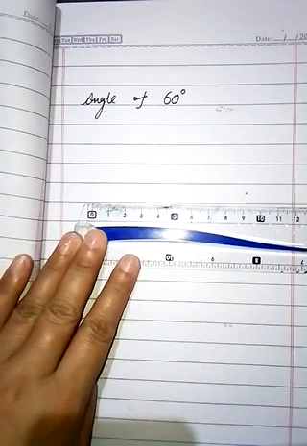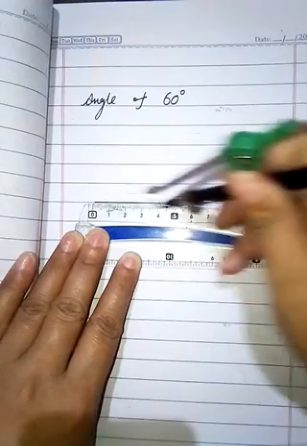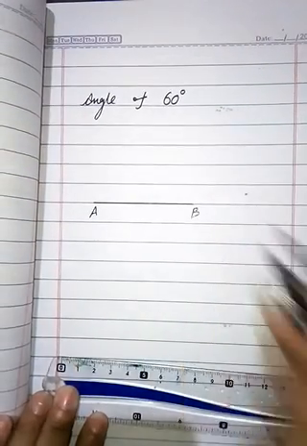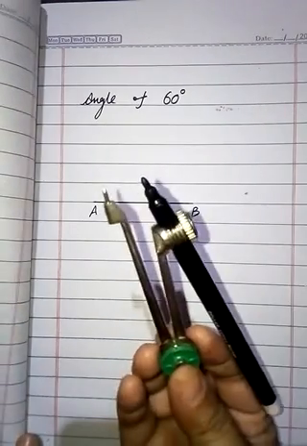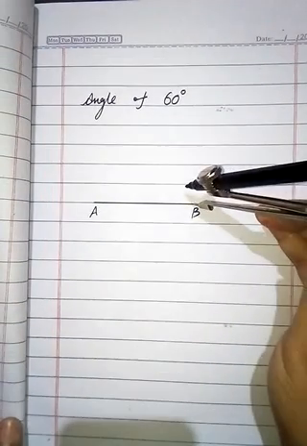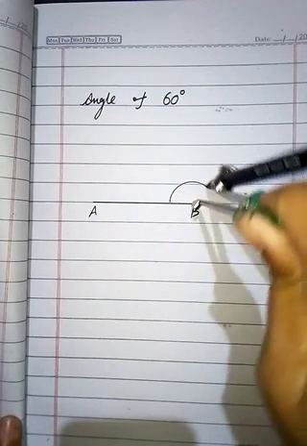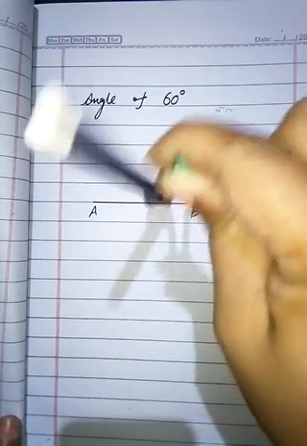Now the angle of 60 degree you are going to construct here. Draw a line segment of 6 cm or 5 cm, it's your own choice. Now name it as point A and B. Now you have to open compass with suitable radius. Put compass at point B, draw the semicircle.